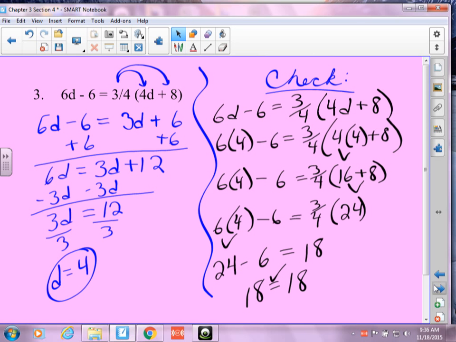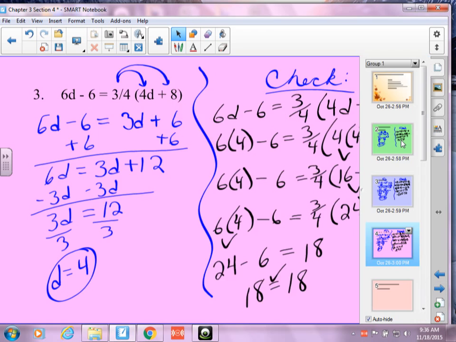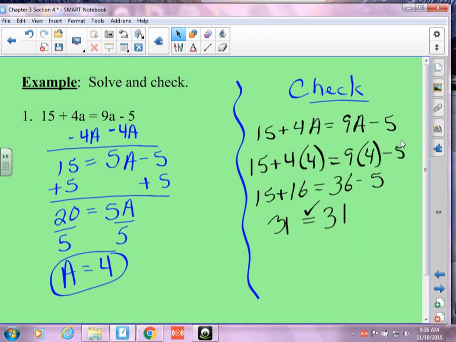Now, on all of these that we're looking at, this one here, how many solutions did I have? How many numbers worked in this? Only one. And what was the solution? 4. 4 is the solution.